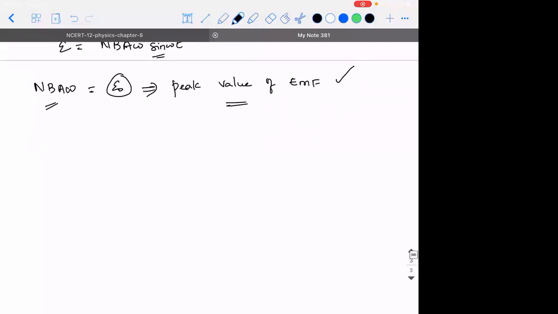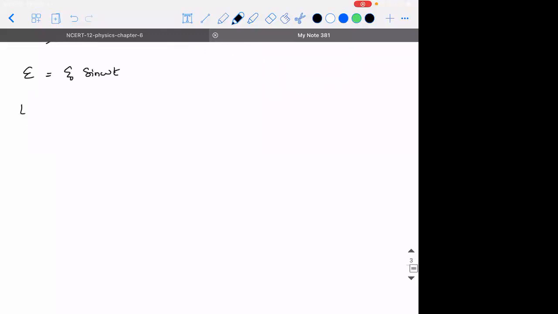Now see. If I take E is equal to E naught sine omega t, at t is equal to 0, what is the value of EMF? If I substitute 0 here, sine 0 is how much, guys? It is 0. Okay.